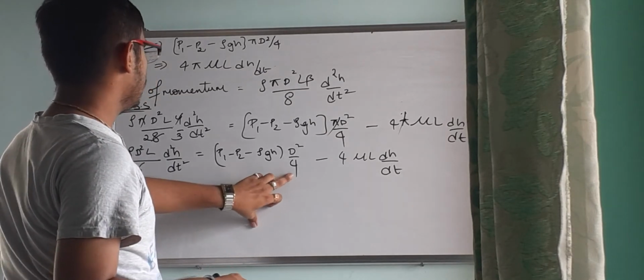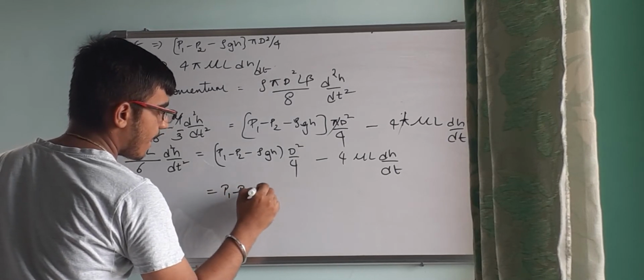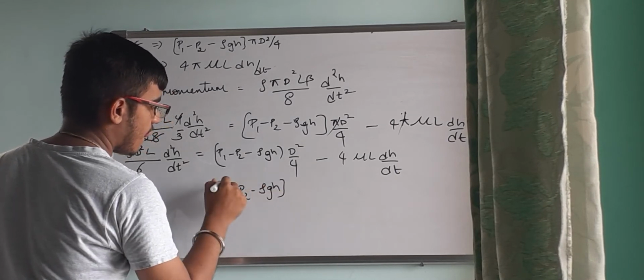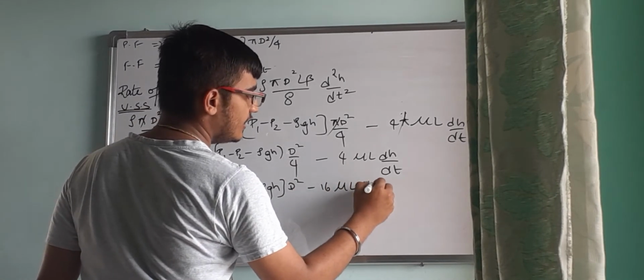Now taking 4 as LCM here: d square minus 16 mu L dh by dt.